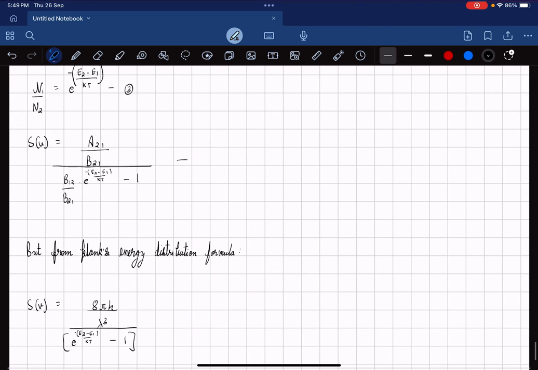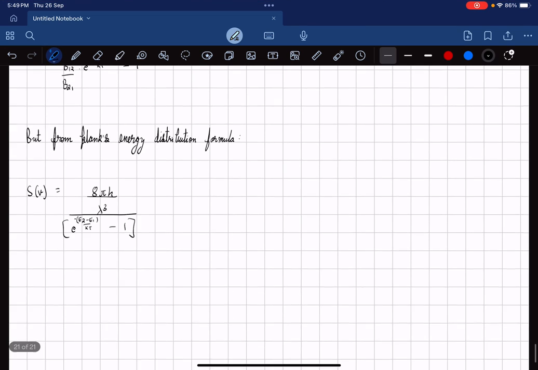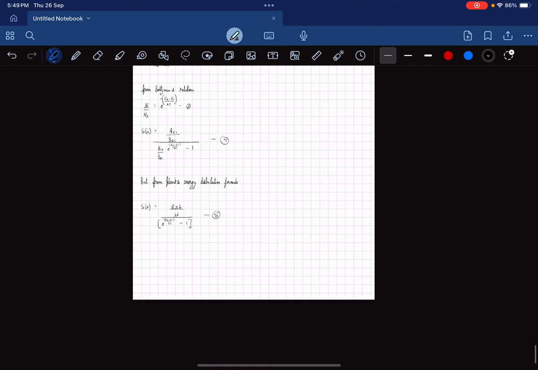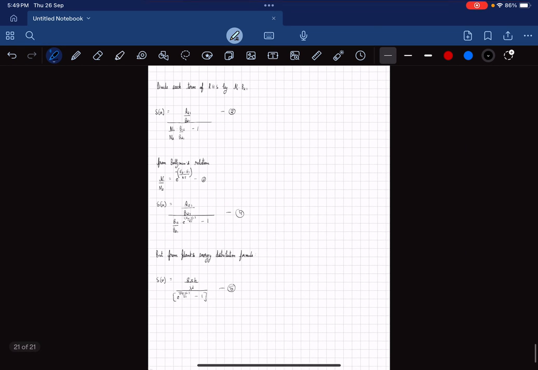Now this was our equation 4 and this is our equation 5. You guys can read this.